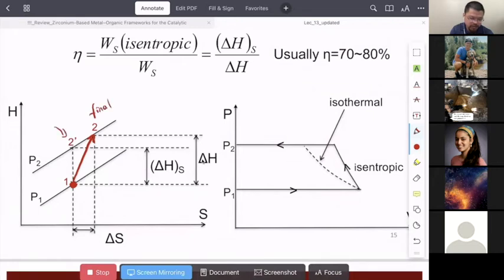This is the ideal case that will require minimal shaft work input. And in reality, the shaft work input is always larger than the ideal case.